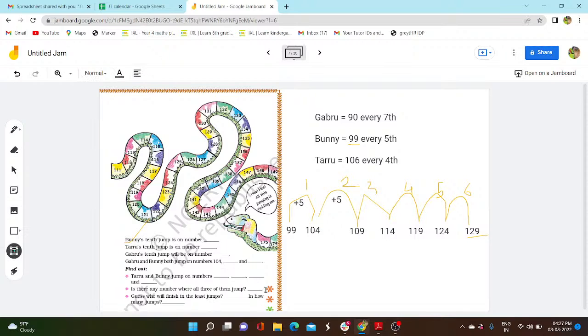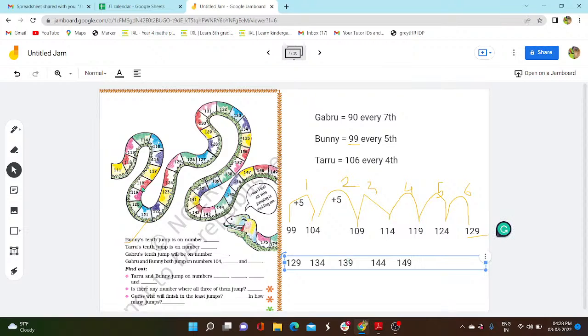Now we have to continue from 129. So from 129, taking another jump in fives, we will reach 134. Then from 134, add another 5 is 139. Add another 5 is 144. Add another 5 is 149.